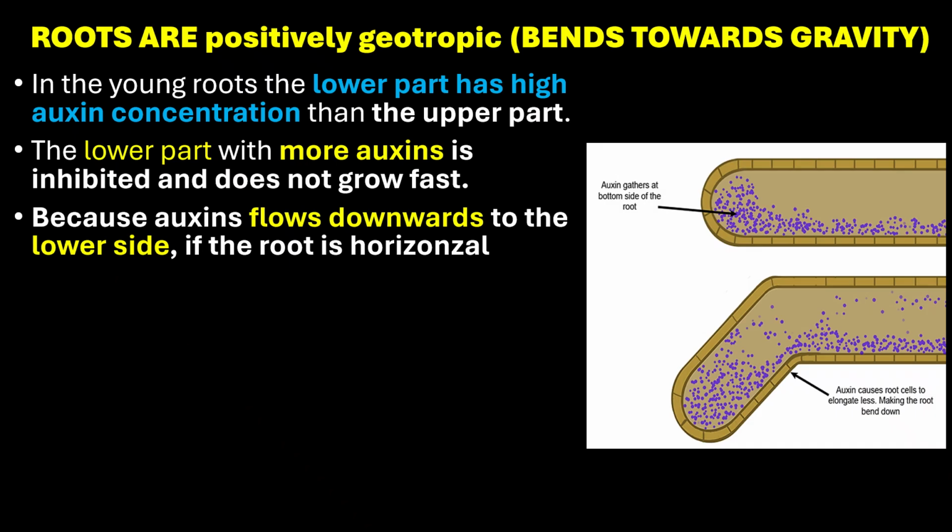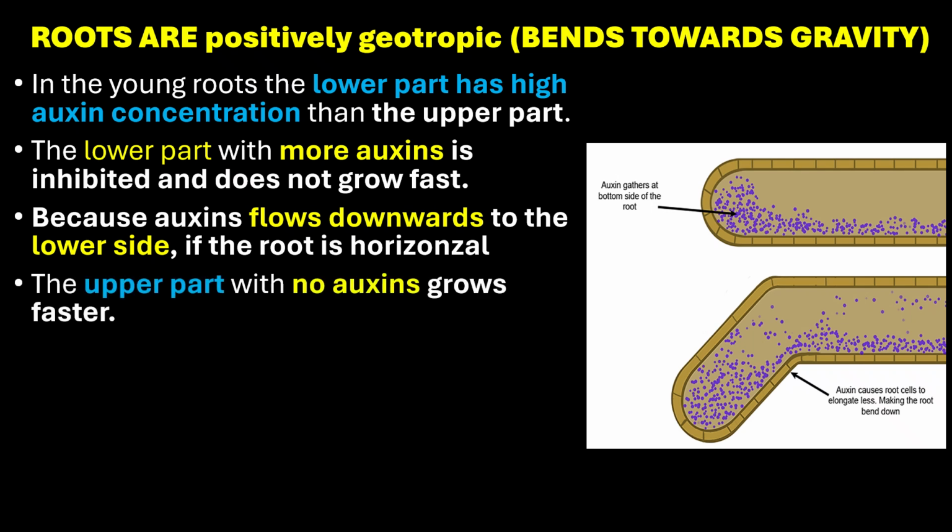And then it goes on to say, the reason is because auxin flows downwards to the lower side if the root is horizontal. The upper part with less auxin is going to grow faster. So this upper part is growing faster. Check the rectangular cells here and compare to the ones lower here. The lower ones are smaller. You can see these ones are very long. And the auxin concentration is low. Auxin concentration is high.